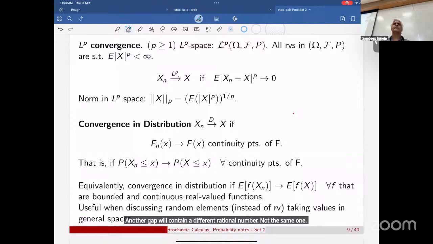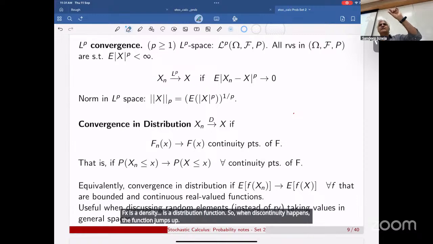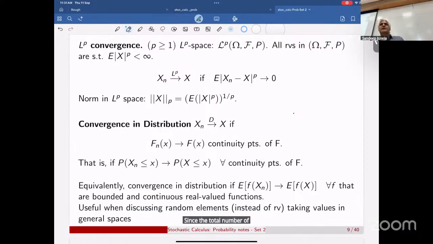F is a distribution function, so when discontinuity happens, the function jumps up. In that jump, there'll be one rational number. It jumps up again, there'll be another rational number. Since the total number of rational numbers is countable, the number of jumps cannot be more than countable.